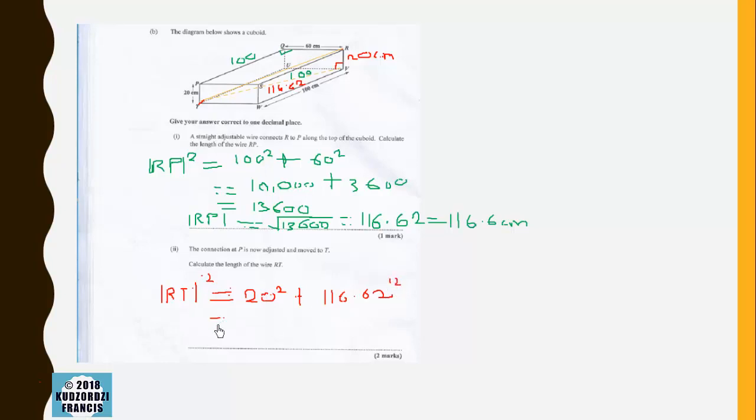So this will be equal to 400 plus 13,600. If we add this, we are going to get 14,000.